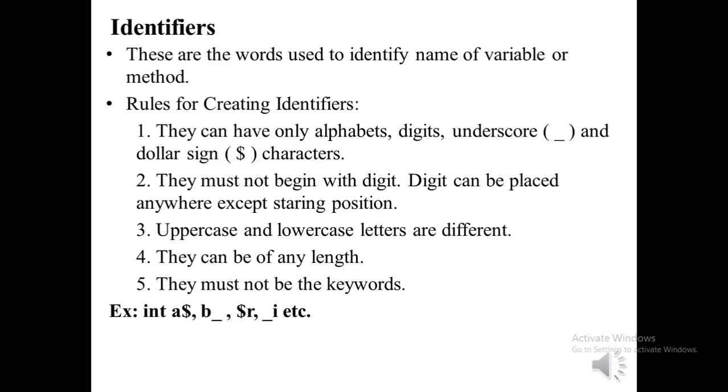Uppercase and lowercase letters are different as Java is a case sensitive language. They can be of any length. They must not be keywords. So these are the rules that we follow while creating identifiers.